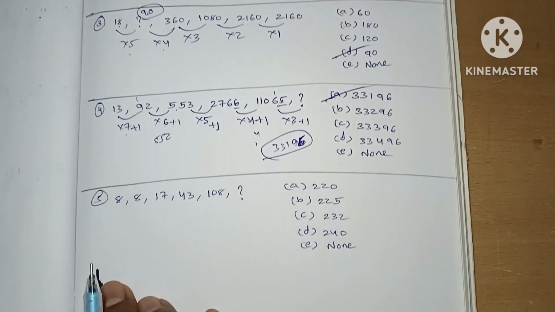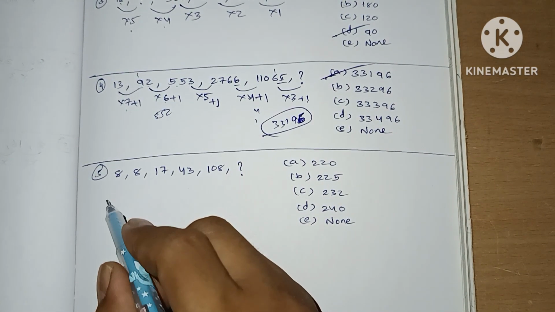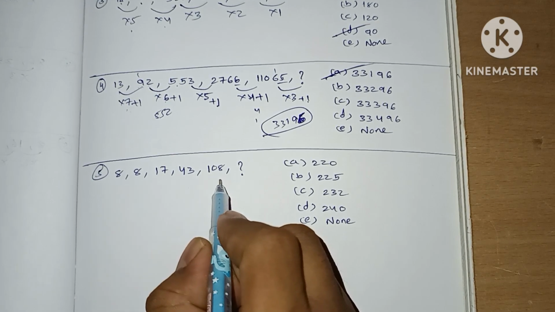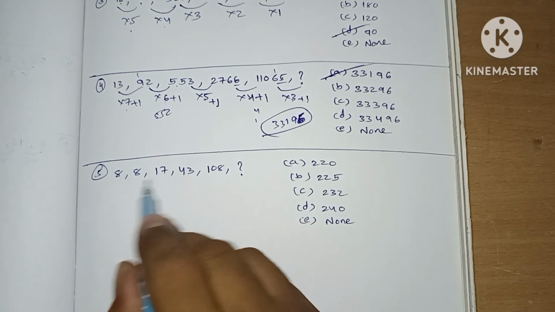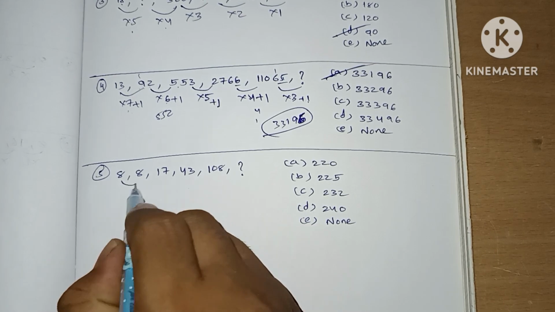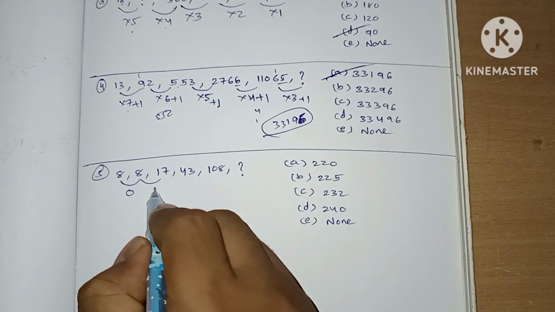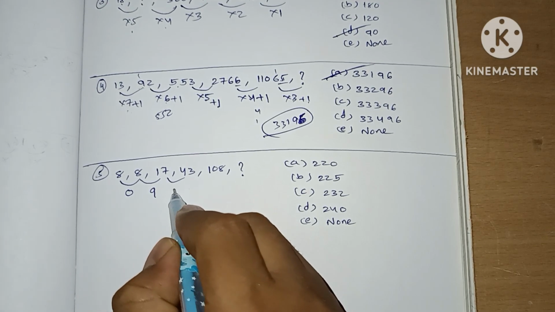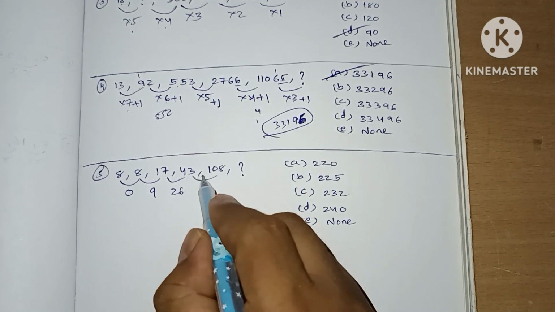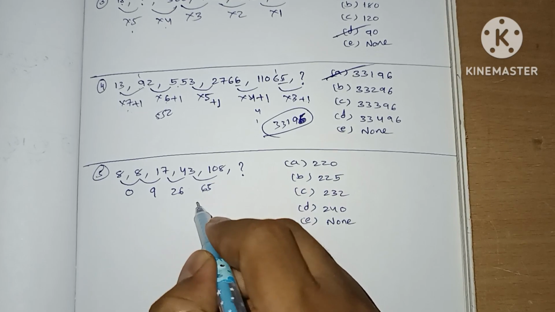Now we are going to see the fifth question. Here it looks like multiplication, but we'll go with the differences here first. Here the difference is 0. Here the difference is 9. Here the difference is 26. Here the difference is 65.